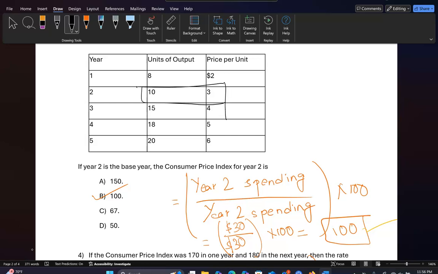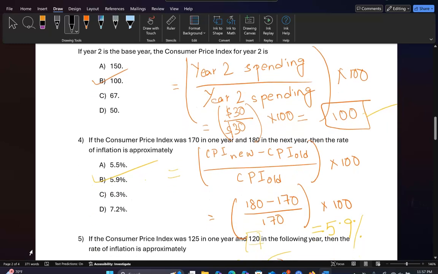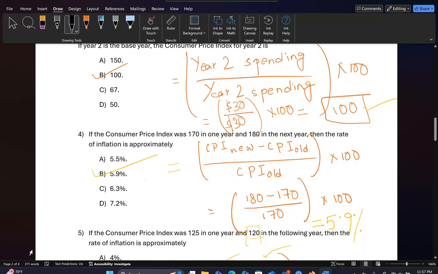We just have one output here, so the calculation is overly simplistic. But if you see questions with lots of items and it's asking you to find the CPI for the base year, you just straight away write that's 100 without any calculation. Okay.